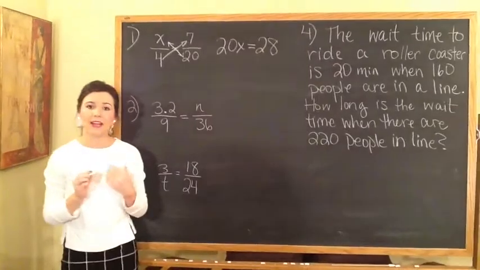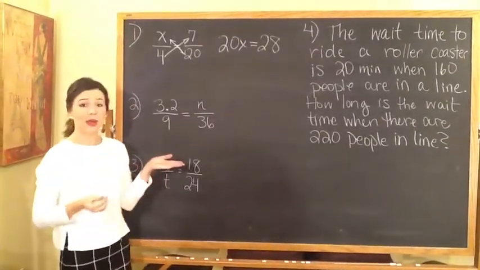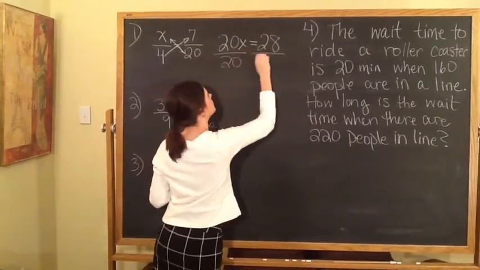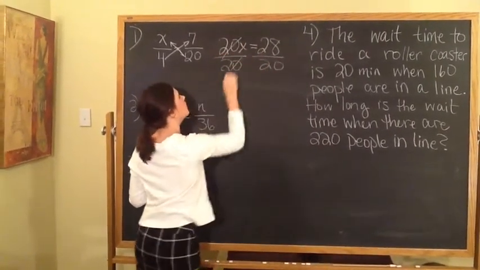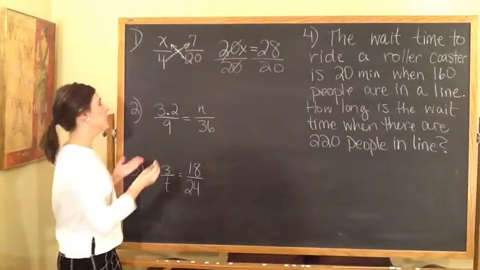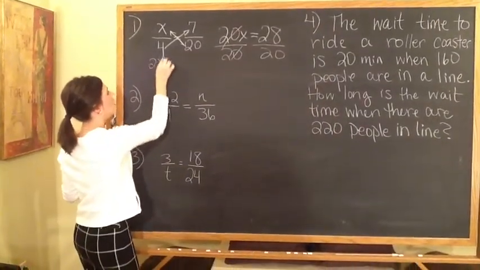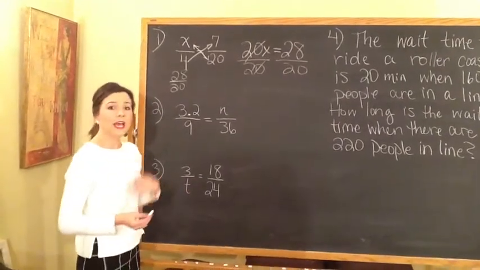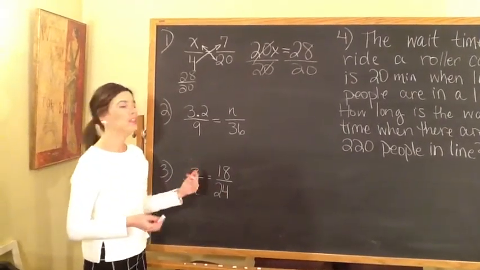So now we can solve to see what x is equal to. We're going to divide by 20 on both sides. Cancel out. And now we're going to simplify. So we have 28 over 20. When you have 28 over 20, we're going to divide them to figure out what our decimal is.